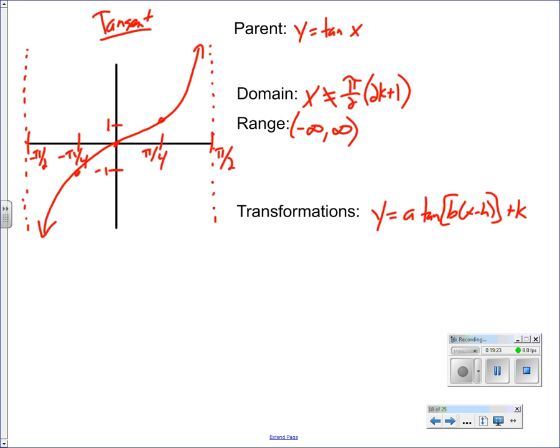Most of the time with tangent we don't see vertical shift, we don't see phase shift, but we do pretty commonly see at least changes in the frequency and vertical stretch. When we apply these transformations, that won't change the range for our tangent function, but changing the frequency or applying a phase shift will change the domain. It'll move where those asymptotes are.